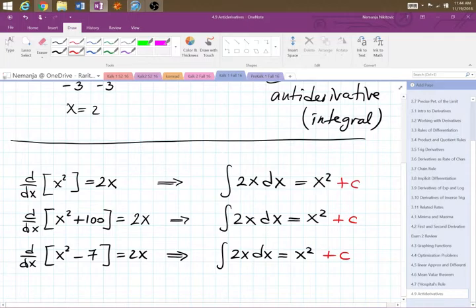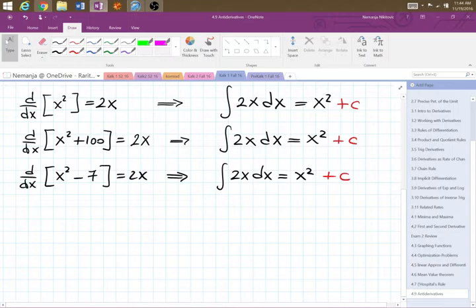So every time you solve an integral, take the antiderivative, you will have to put this plus c. That compensates for whatever constant might have been there, which was wiped out by the derivative procedure.